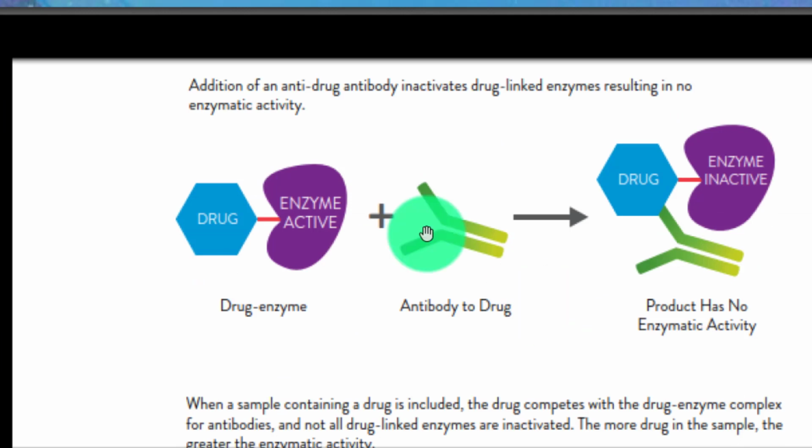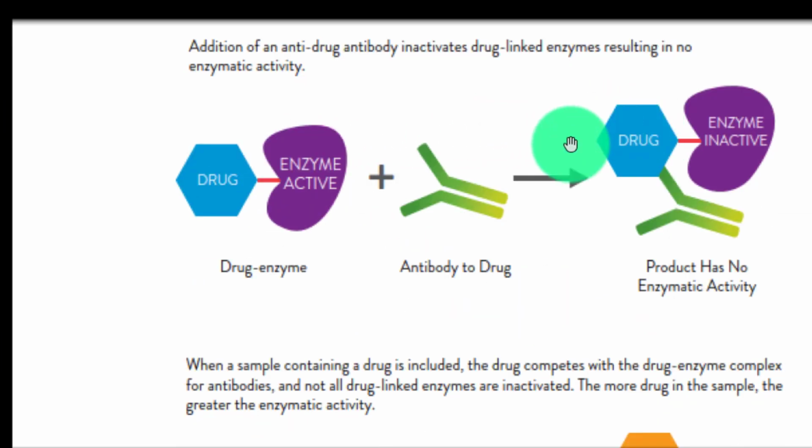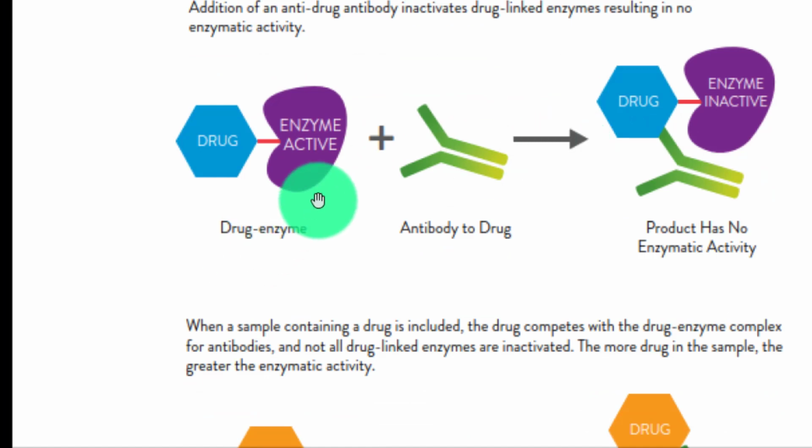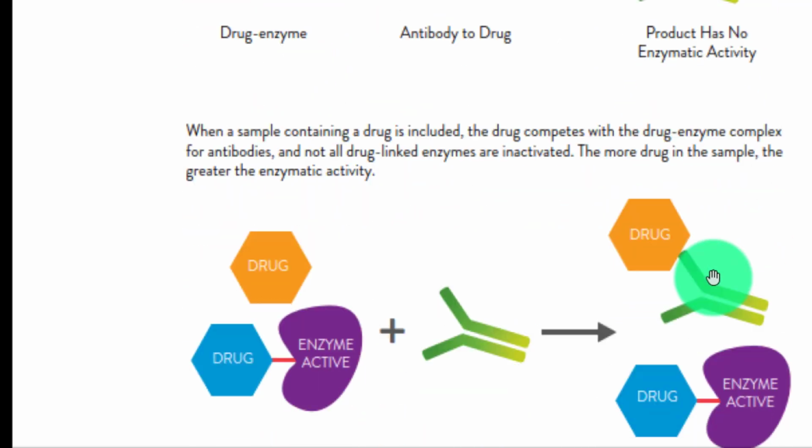Addition of anti-drug antibody inactivates drug-linked enzyme, resulting in no enzymatic activity. Drug and the enzyme, antibody to the drug, and the enzyme becomes inactive. When a sample containing a drug is included, the drug competes with the drug enzyme complex for antibodies, and not all drug-linked enzymes are inactivated.